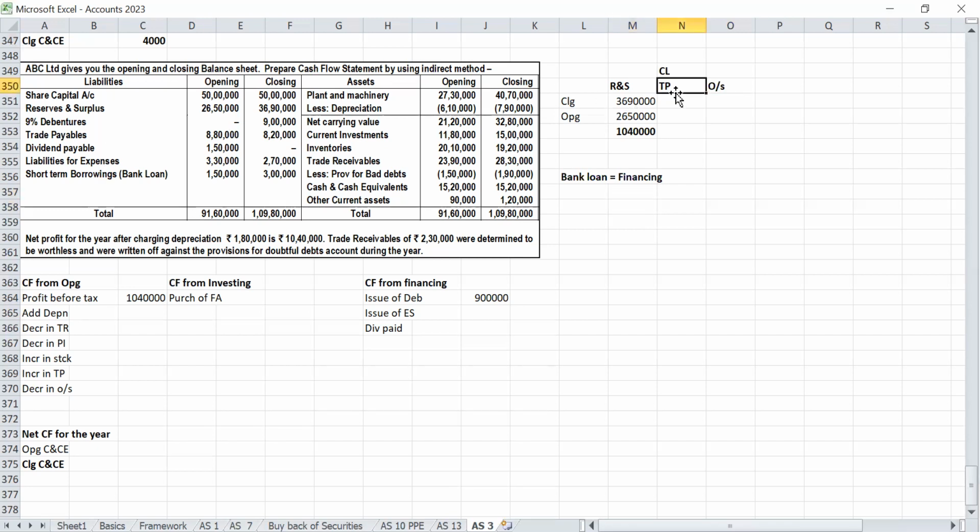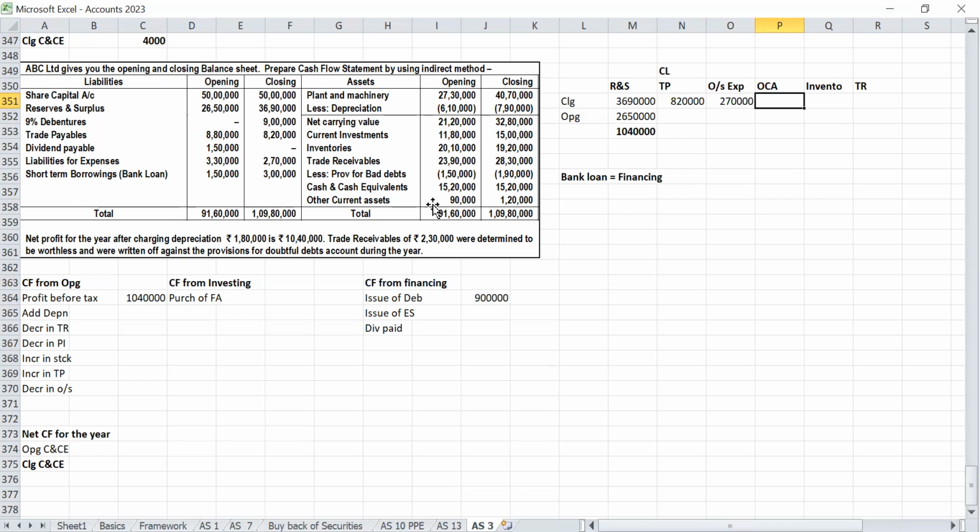Trade payable, outstanding expenses, other liability for expenses, both are same. Then current assets and other current assets: inventories, trade receivable, other current asset. Closing trade payable is 8,20,000. Outstanding expenses 2,70,000.